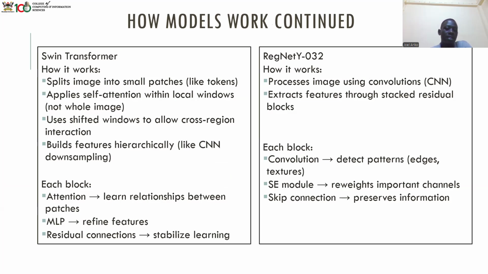Then it uses shifted windows to allow cross-region interaction and build features hierarchically. Then for the RegNet, it processes the images through convolutional layers. It extracts features through the stacked residual blocks. Let's go ahead.